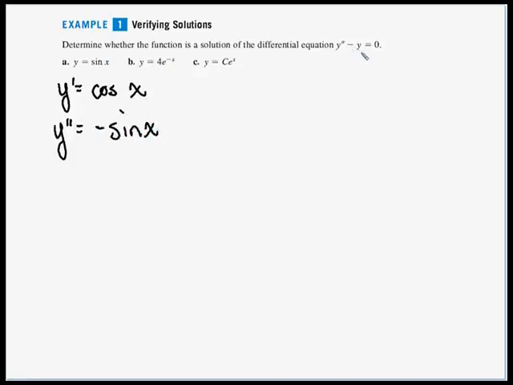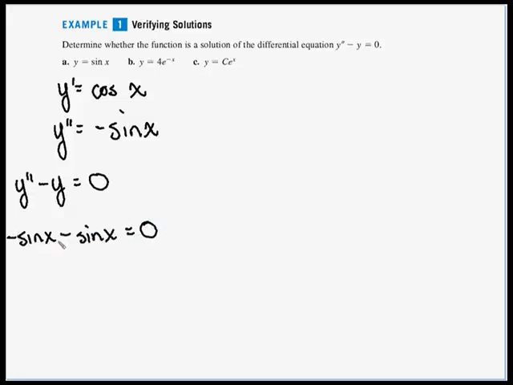And we want to check those in this differential equation, y double prime minus y equals 0. So first I'm going to plug in my second derivative that I just found, negative sine x, minus y, the original equation, sine x. Does that equal 0?